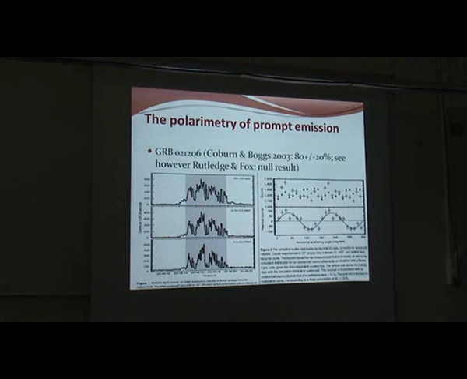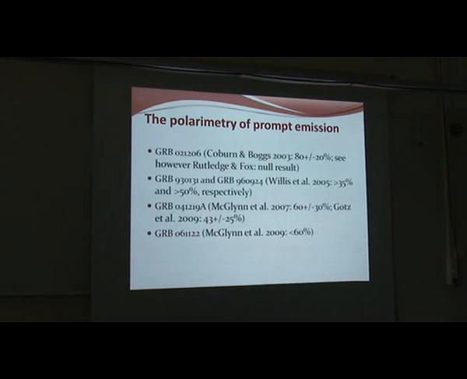Some possible evidence for the magnetic fireball model emerged in 2002, but no one took it seriously until the claim of the detection of the high linear polarization of GRB 021206. But now we know such a detection is highly questionable. Possible evidence has also been found in other bursts.